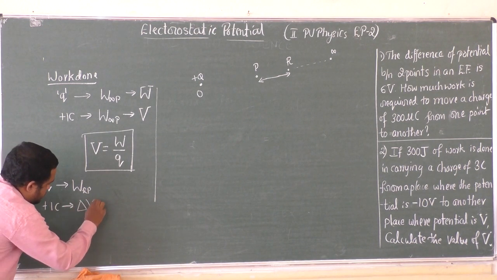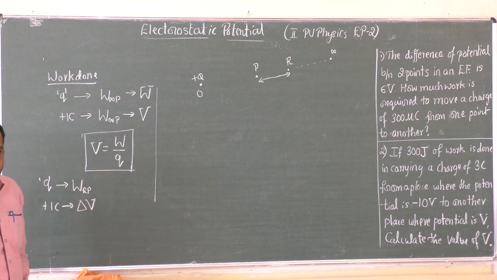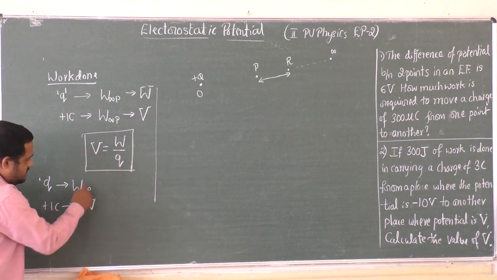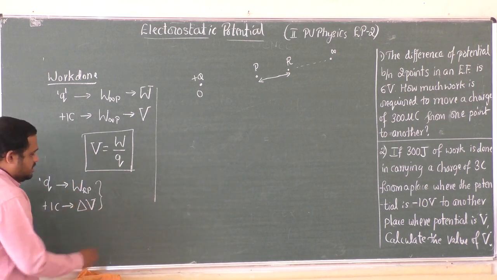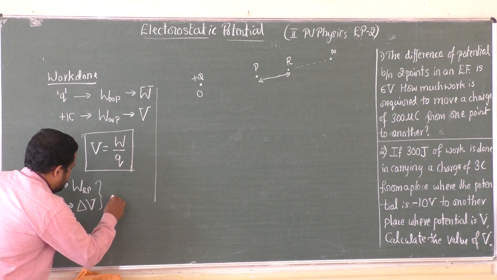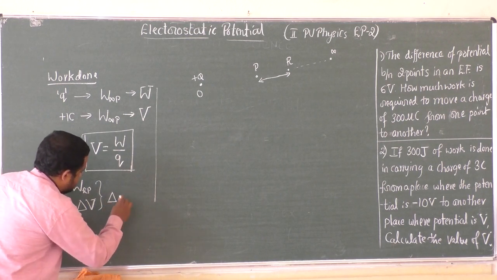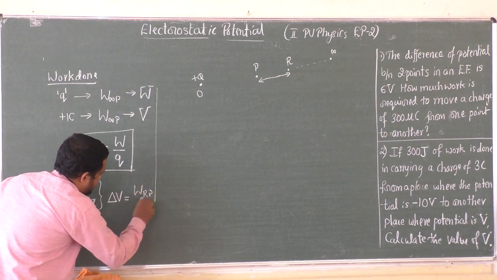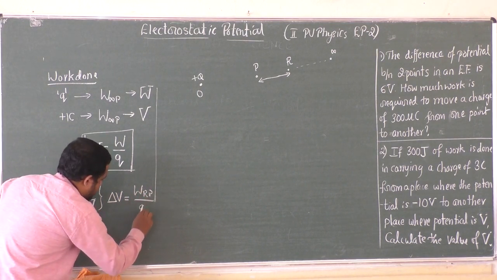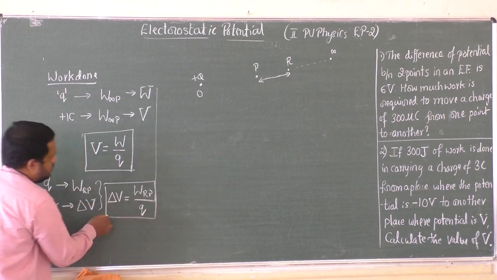I represent that potential difference as delta V. Now if you relate these two conditions, we can write potential difference delta V is equal to W RP divided by the magnitude of charge.